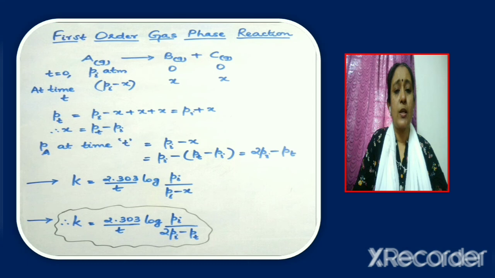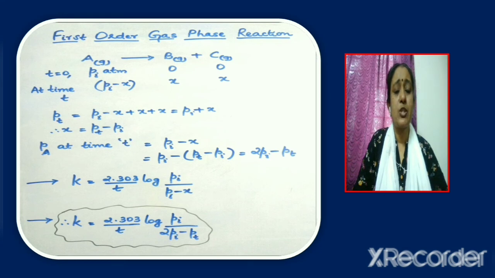So what is total pressure? Pt is equal to the sum of the pressures of the reactant as well as the products. So when we add all these, we get Pi minus X plus X plus X, that is equal to Pi plus X. So from this, what is X equal to? Pt minus Pi.